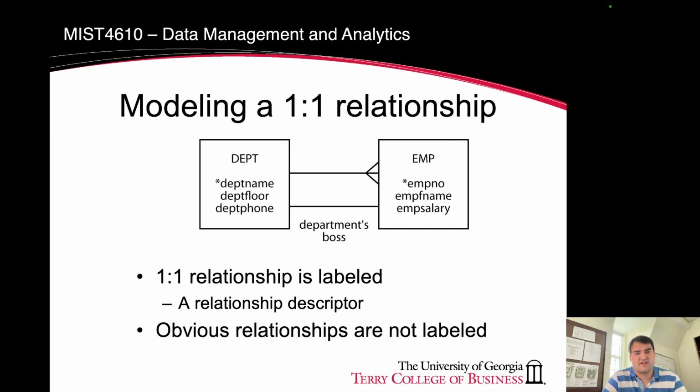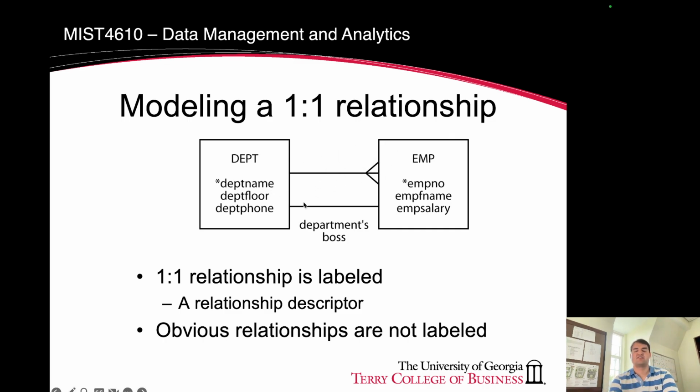With a one-to-one relationship, what we're essentially saying is we have two entities. In this example, we have a department entity and an employee entity. Not only is there a relationship between department and employee, where department has one to many employees and employee belongs to one and only one department, that's the first relationship.